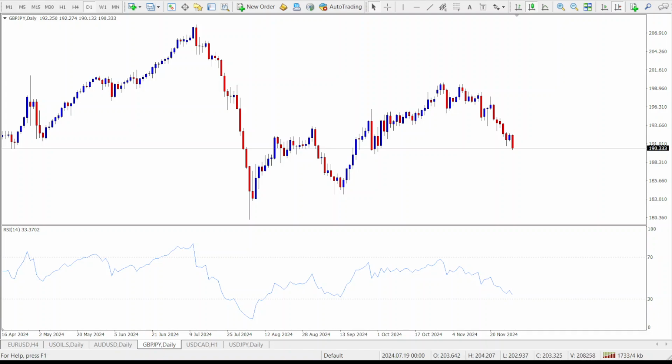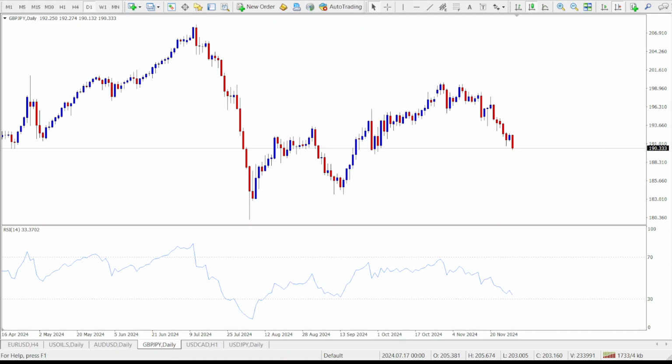All right. So whenever you have a crossover from, for example, the overbought territory, a crossover to the downside below the 70 mark, it could either signal a bearish trend reversal or a bearish trend continuation. Okay. It could either be a trend reversal or a continuation of the current trend.